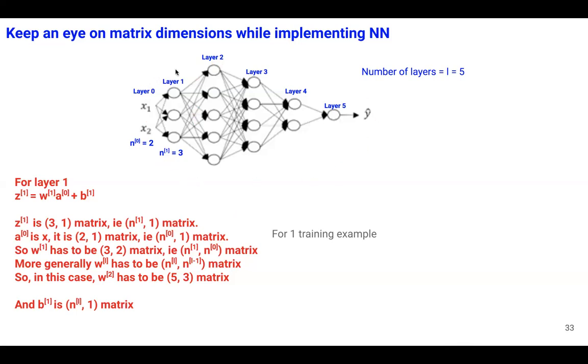If you just draw your network, you can easily see what will be the dimension of the different matrices that you are dealing with, which are Z matrices, A matrices, and W matrices, and all of its dimensions are known to you. You just have to make sure that in the code also, the shape that is returned by NumPy actually matches your expectation. It is a very nice idea to check it in multiple steps as a sanity check.